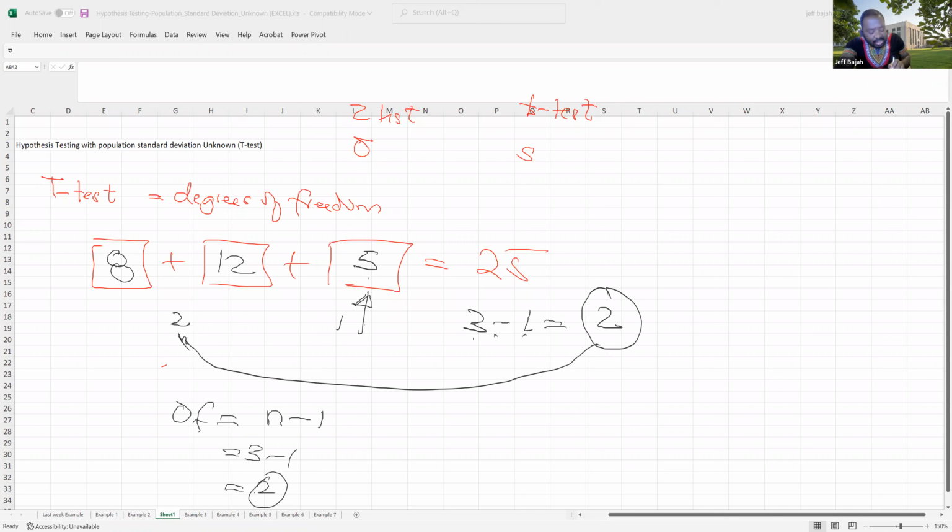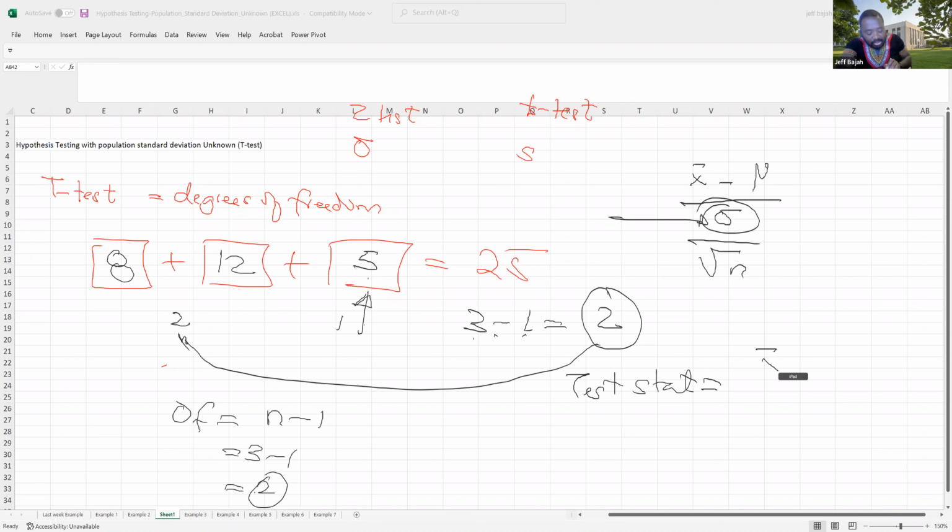Another difference is that when you're doing your test stats, if you remember, when we did it for z-values, we said your sample mean minus your population mean over the population standard deviation over the square root of n. In this one, remember, we don't have the population standard deviation.